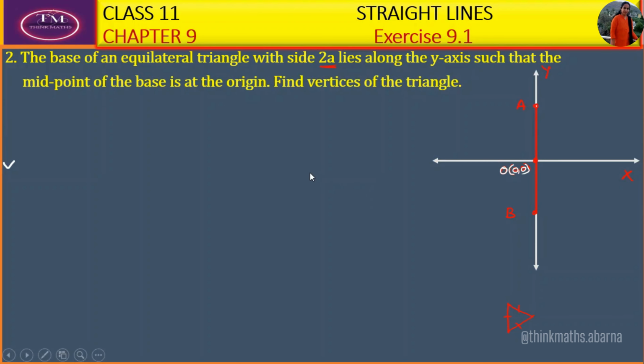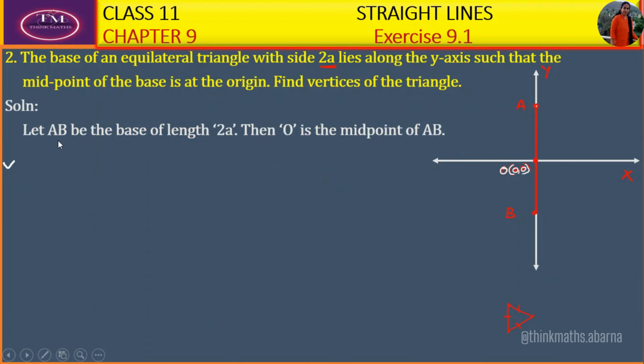Now let us start the solution. We have AB, which is the base of the equilateral triangle. This equilateral triangle has the side 2a. So the base is of length 2a. So AB has the length 2a. O is the midpoint of AB. So as O is the midpoint of AB, we have OA and OB equally divided.